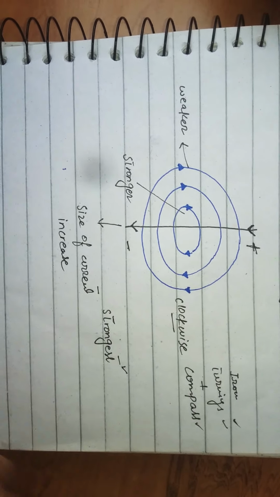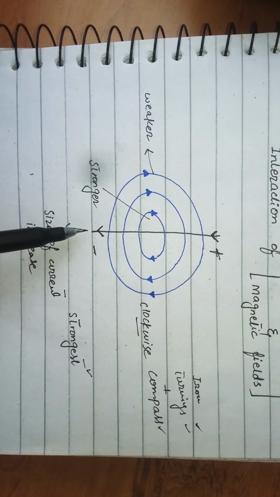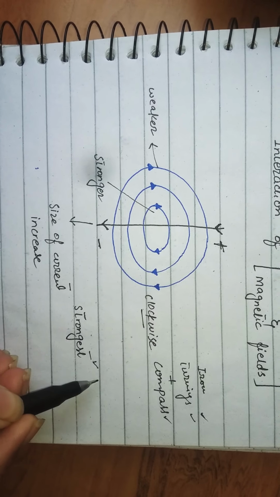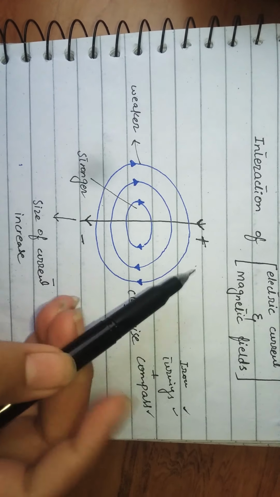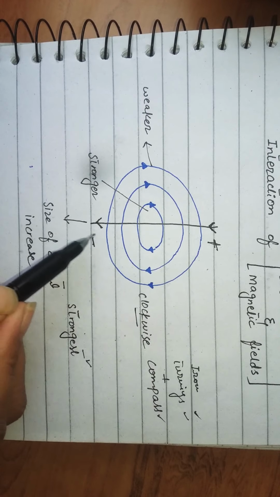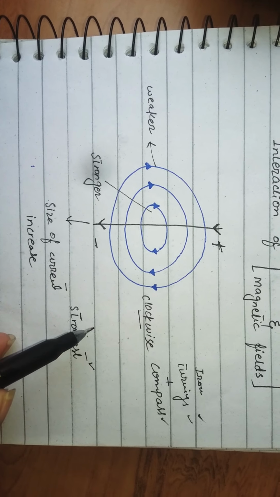If more current flows through that wire, then the field will be strongest. And if the amount of current is lower, then the magnetic field will be weaker.